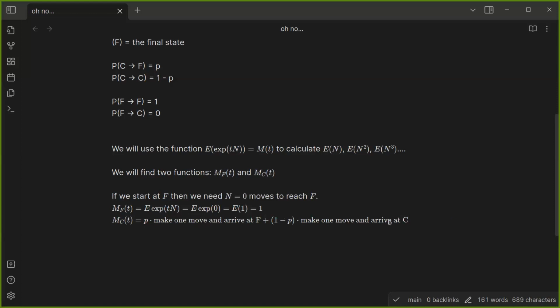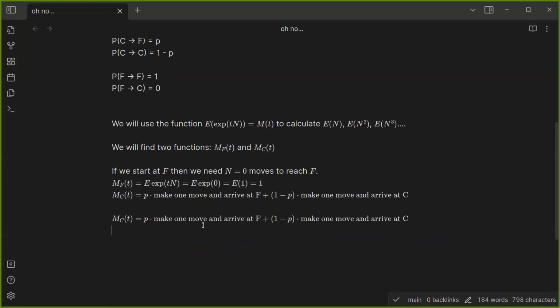What will happen after one move? After one move, we may go back to C with probability 1 minus P, and with probability P, we will arrive at the final node, and N will be equal to 1. Okay, so we have a very simple equation. With probability P, N will be equal to 1.